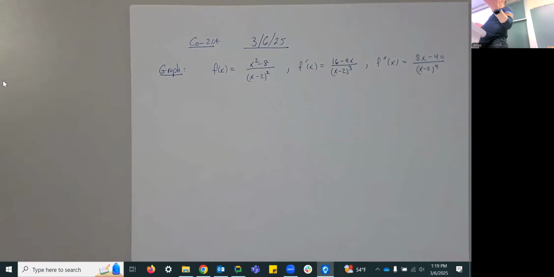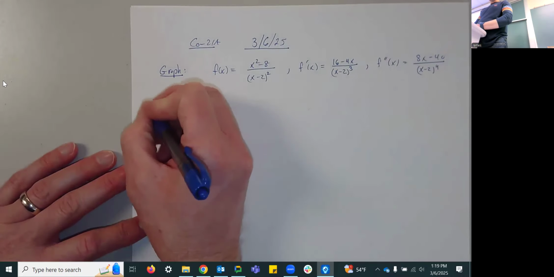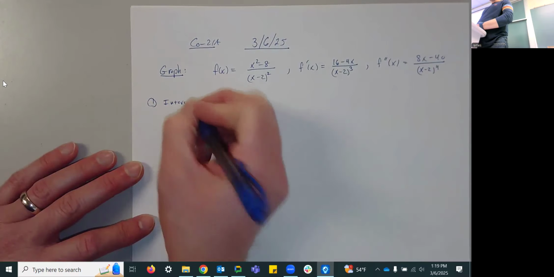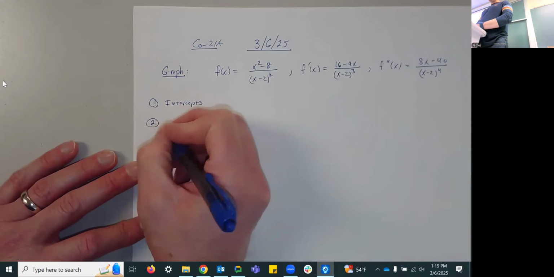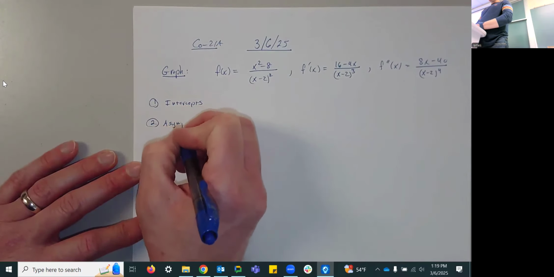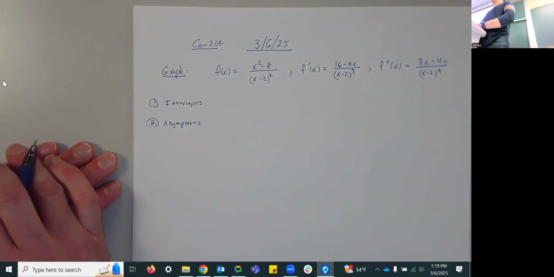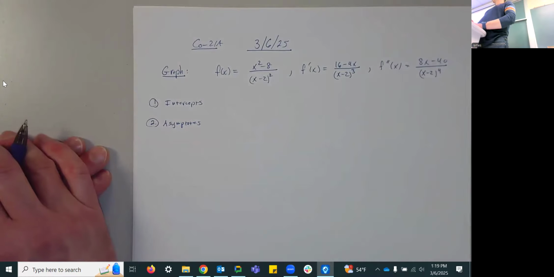So when I graph a function, I'll just talk about the categories to look for. First, I typically look for intercepts. Then I usually look for asymptotes. Certainly vertical asymptotes. Sometimes we hold off on the horizontal asymptote depending on what kind of function we have.